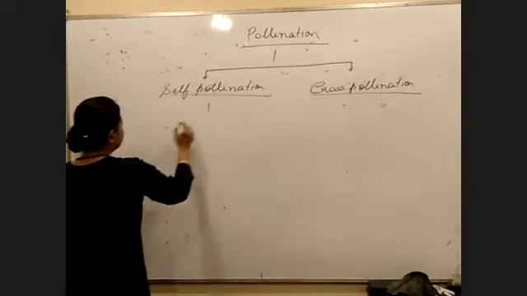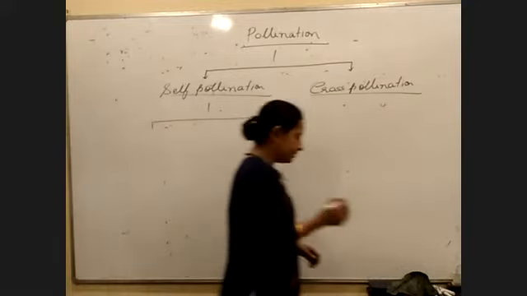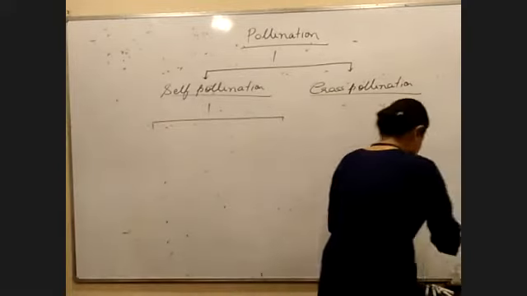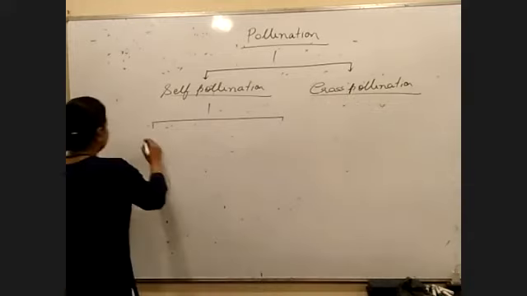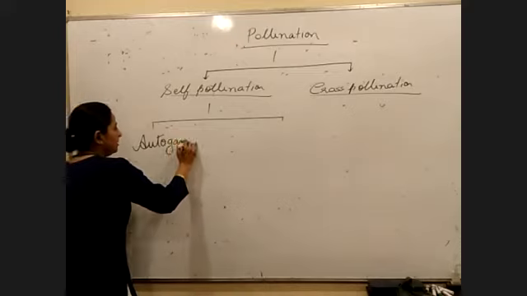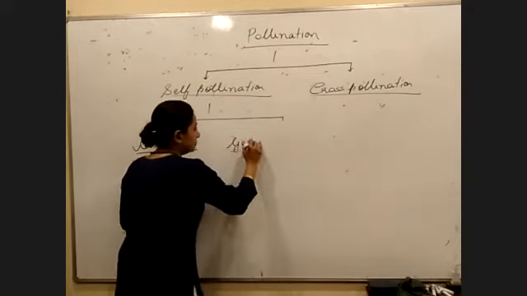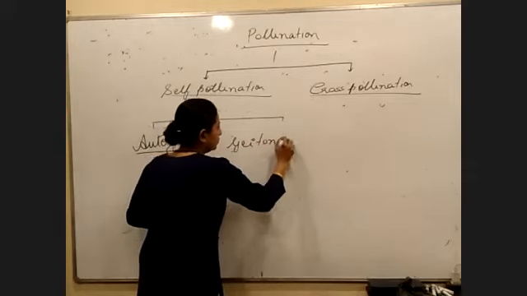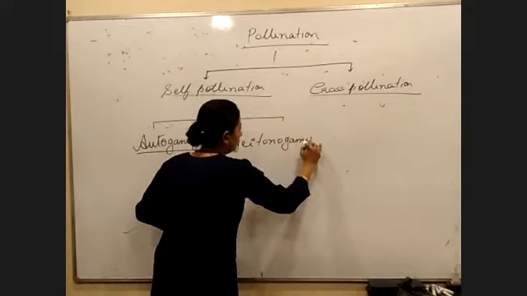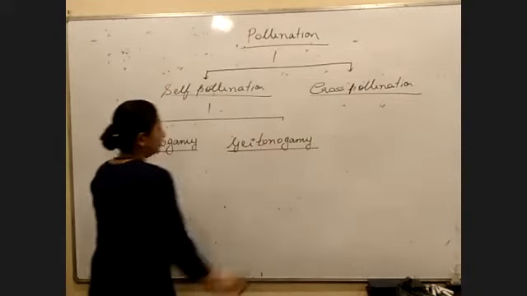Now talking about self-pollination, there are two terms: autogamy and metagamy, right?